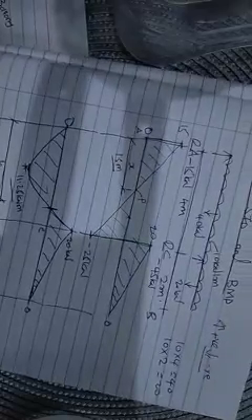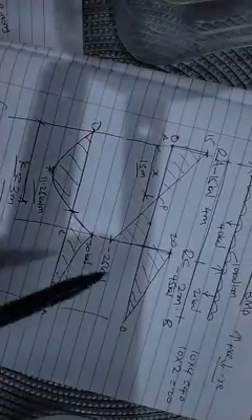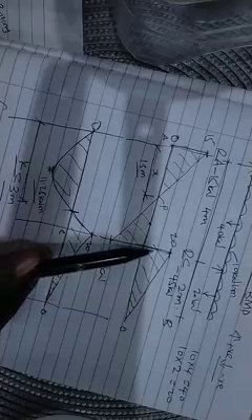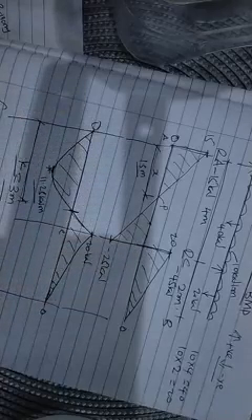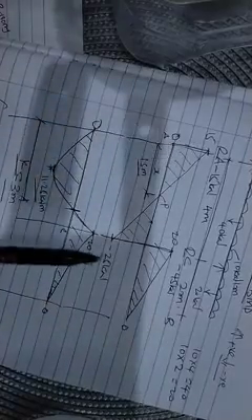So guys, that is our analysis for today. So from here you can proceed to design. You can get your critical shear force. So if you look at the shear force diagram, we have 15 kilonewton, we have negative 25, we have 20, then we have 0.